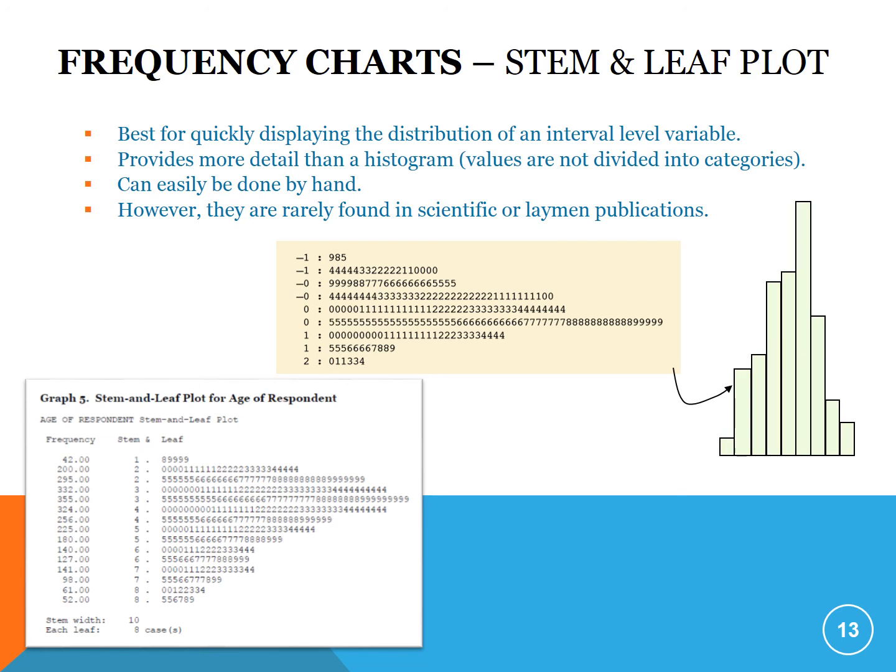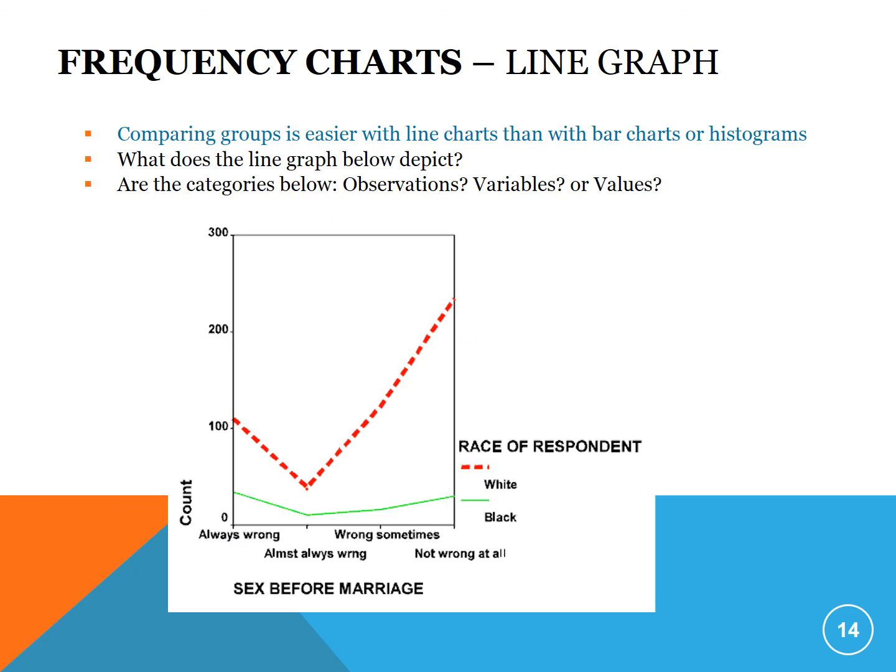And so that's why I say it's not one that we use so much these days, simply because we have computers and we don't have to do a lot of things by hand these days, you know? And then line graphs, also nice to have. For comparing groups, it's easier to use line graphs. One line represents one category or one group, say white, and the other group is called black, right? We can see here what black and white people's opinions are about premarital sex.